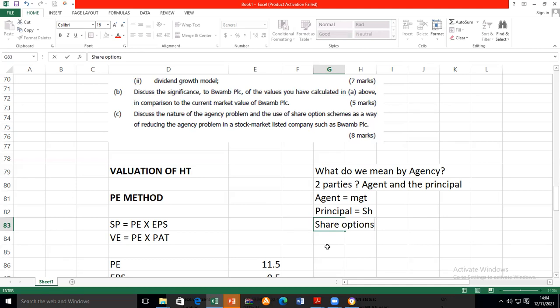For instance, the directors will work very hard to ensure that there's an increase in the share price. What's the problem? Sometimes the share prices may go up or down, not because of management, but because of unforeseen circumstances like COVID. The share price can go up and down because of factors that are not within the control of the management team.